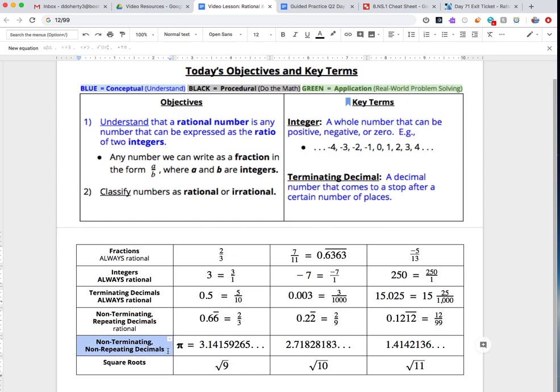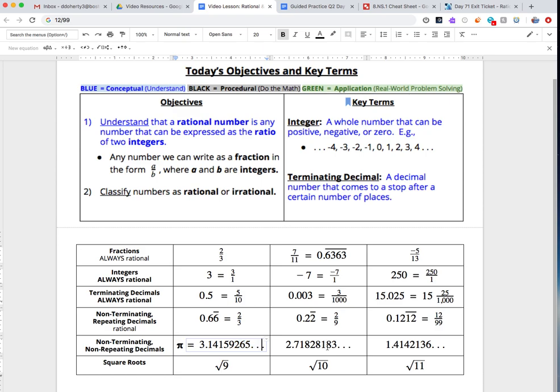A non-terminating, non-repeating decimal means that the decimal never stops, but it also does not have a pattern. The most common example of that is pi, which you worked with in 7th grade. You might have said pi is approximately equal to 3.14 in 7th grade. That decimal actually keeps going, and it doesn't have any pattern. It goes on for an infinite number of places without a pattern.